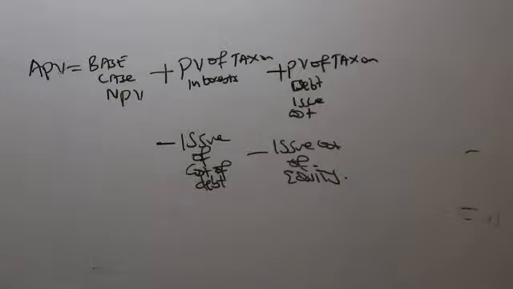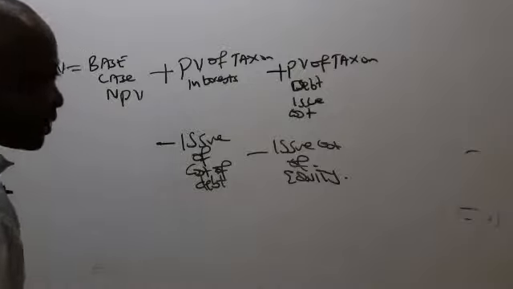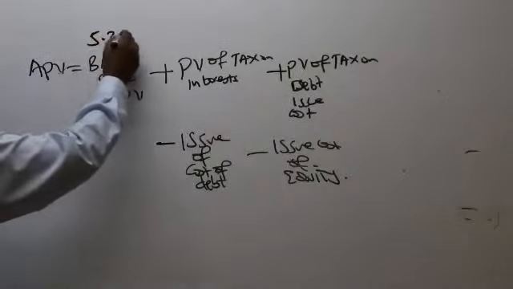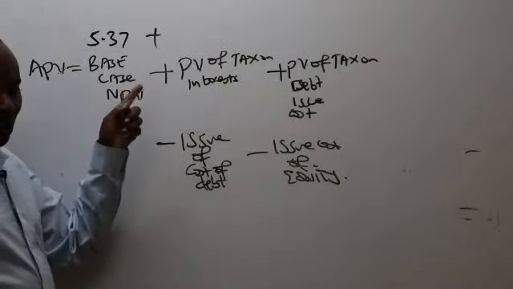So Alice, let's go slowly here. Base case, Grace says it is 5.37. Base case 5.37, plus what about the present value of tax on interest?